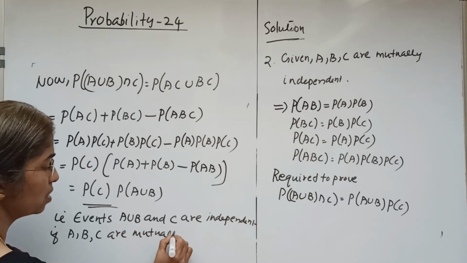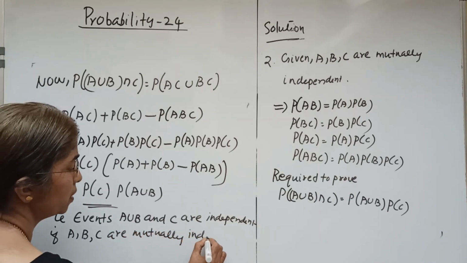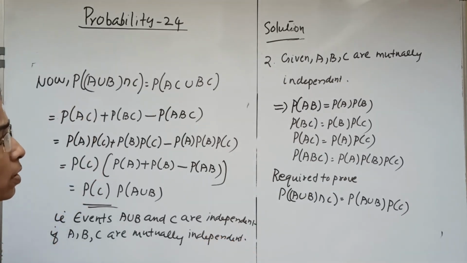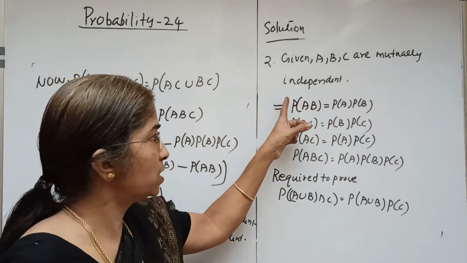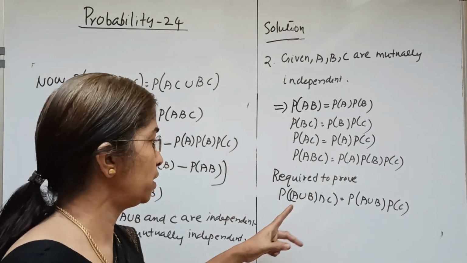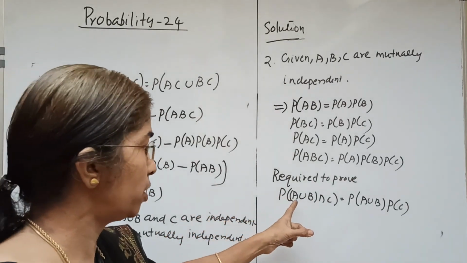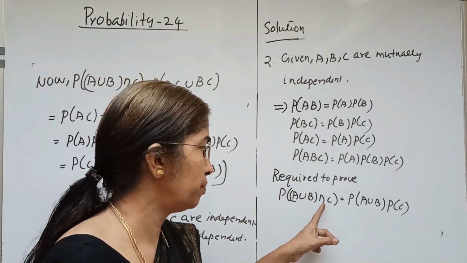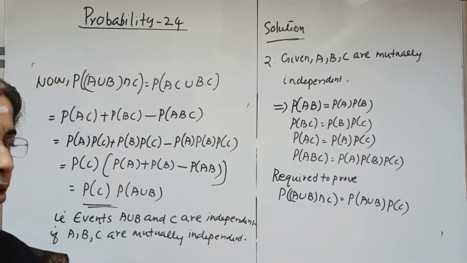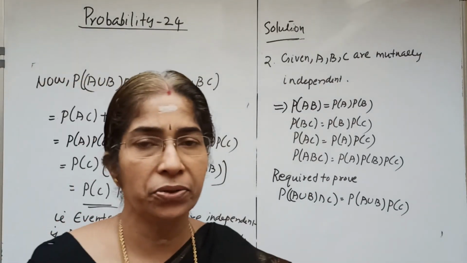I hope you follow me. Only we have to use these relations as we are given A, B, C are mutually independent. Now we require to prove P of A union B intersection C equal to P of A union B into P of C. Thank you very much.